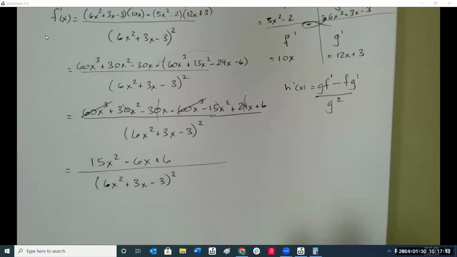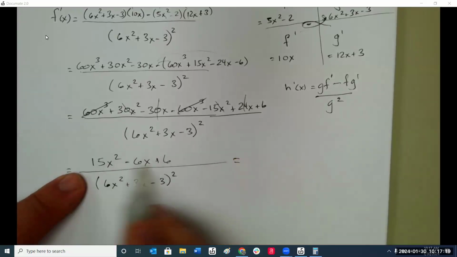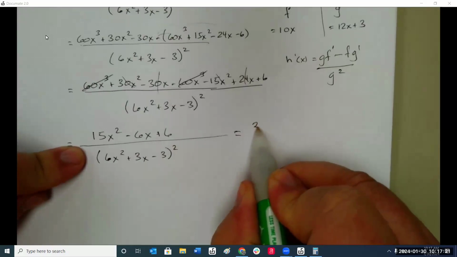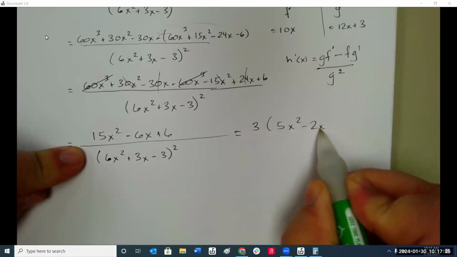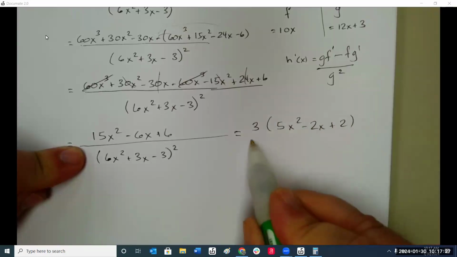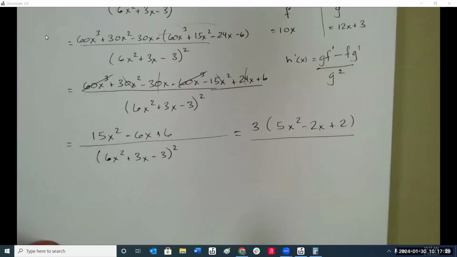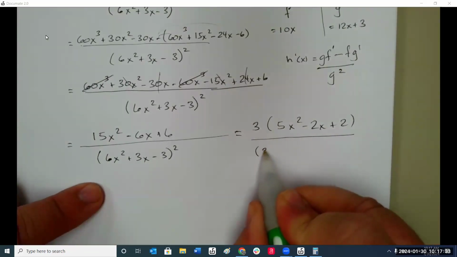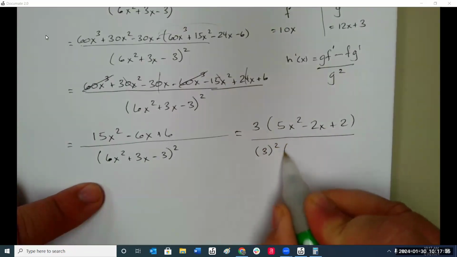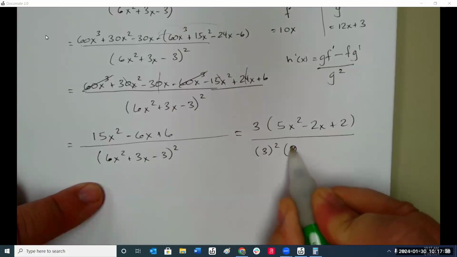The book's happy with that. Can we go any further? You can, yeah. We could factor out a 3 out of the top. And same thing with the bottom. We can factor out a 3.